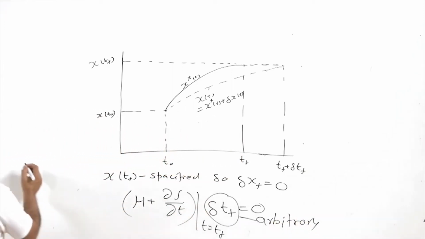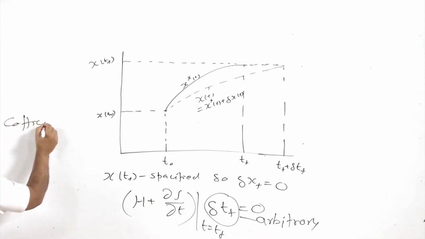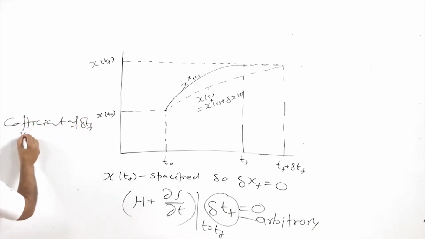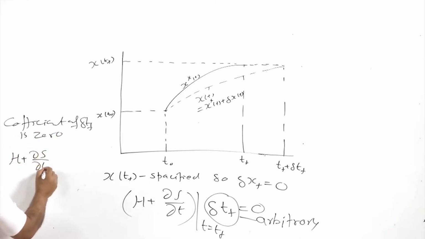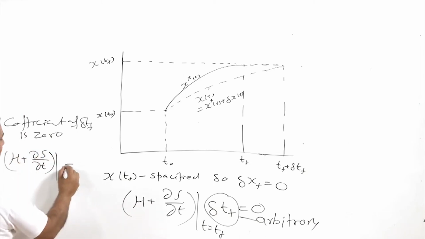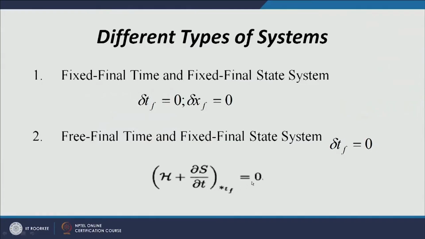So, the coefficient of delta TF is 0. This means H plus del S by del T at T equal to TF will be equal to 0. So, this is my second case.